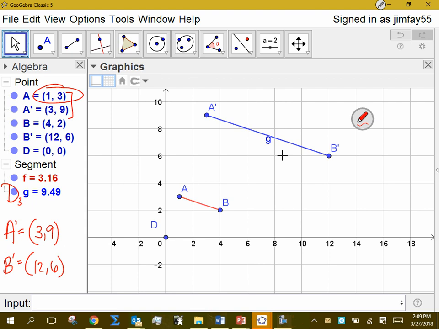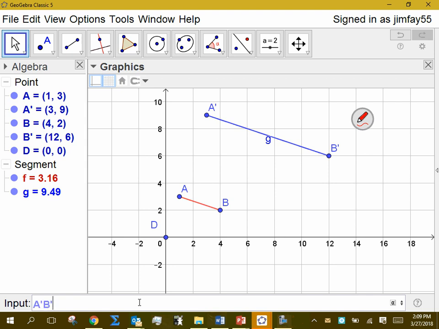A couple of properties to focus on and think about: AB's length and A prime B prime's length. Let's look at the blue segment, A prime B prime. Its length right now is 9.49. The red one is 3.16.